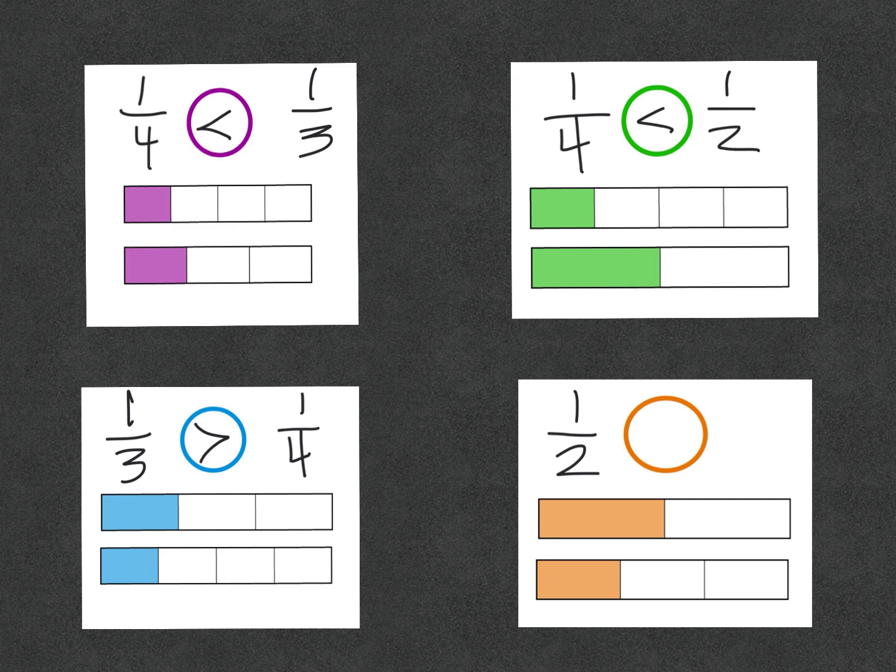And then we have our bottom fraction strip that has 1 part shaded out of 3 equal parts. From our math drawing, it is clear that 1/2 is greater than 1/3, which gives us the equation.